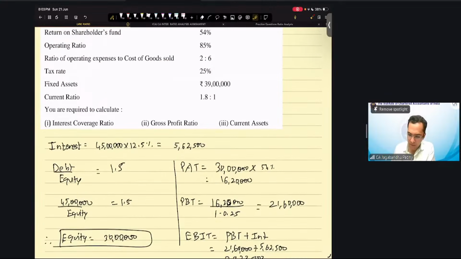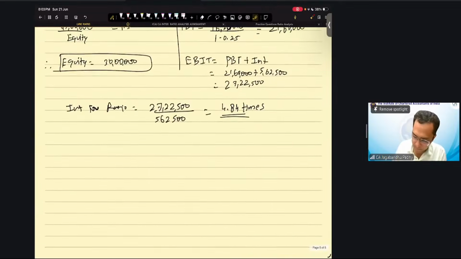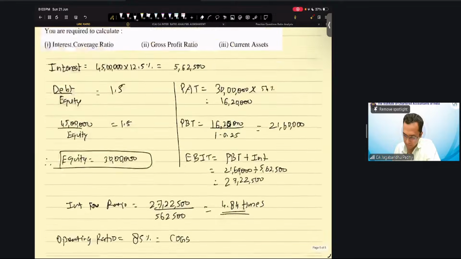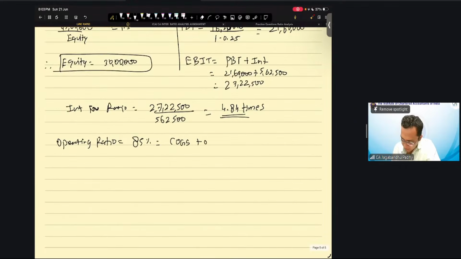So since your operating ratio is 85%, how do we get the operating ratio? Operating ratio is your COGS plus other operating expense upon sales.